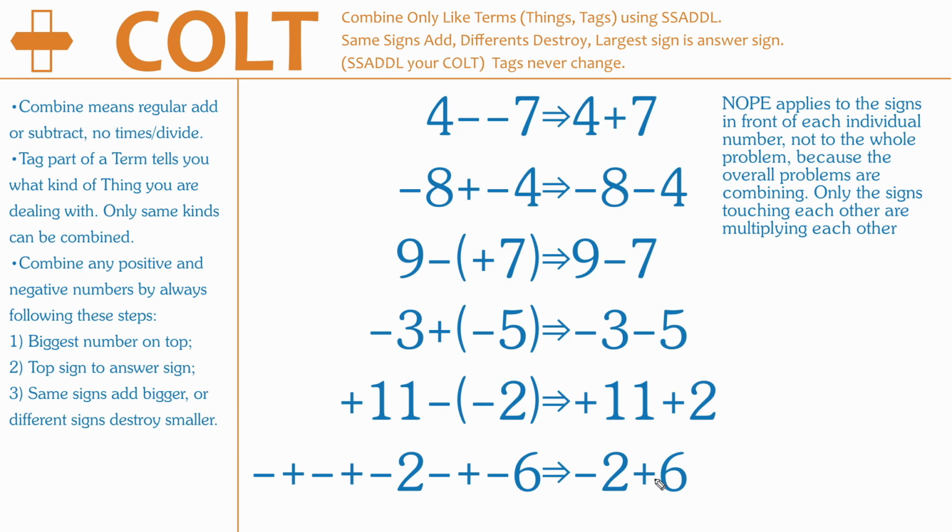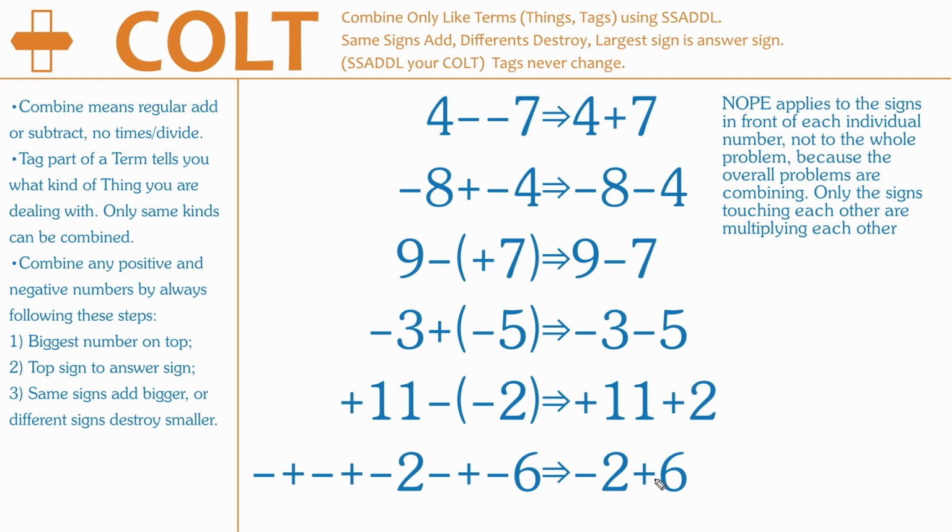Hopefully that helps. If not, maybe you can help me with a better illustration. But the overall problem is not multiplying or dividing. The overall problem is combining, and only the negatives and the signs in front of each number are multiplying themselves.